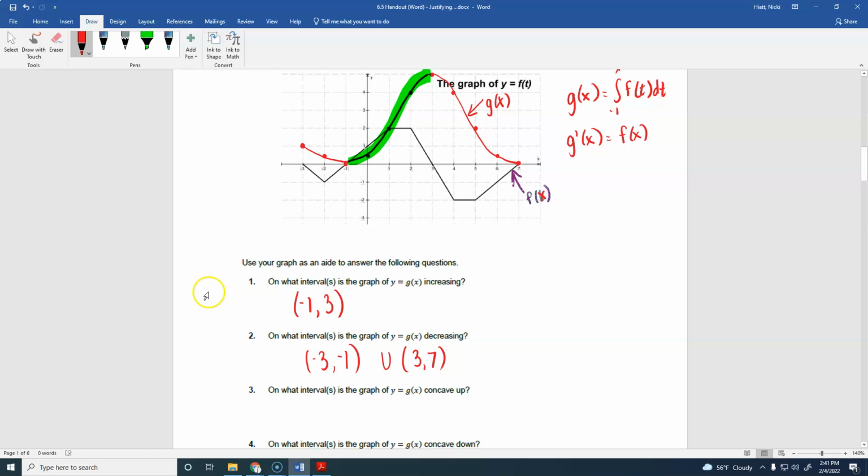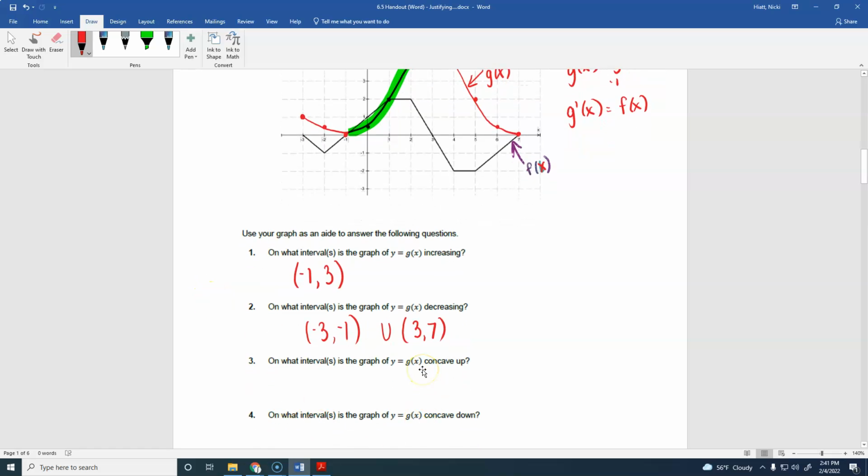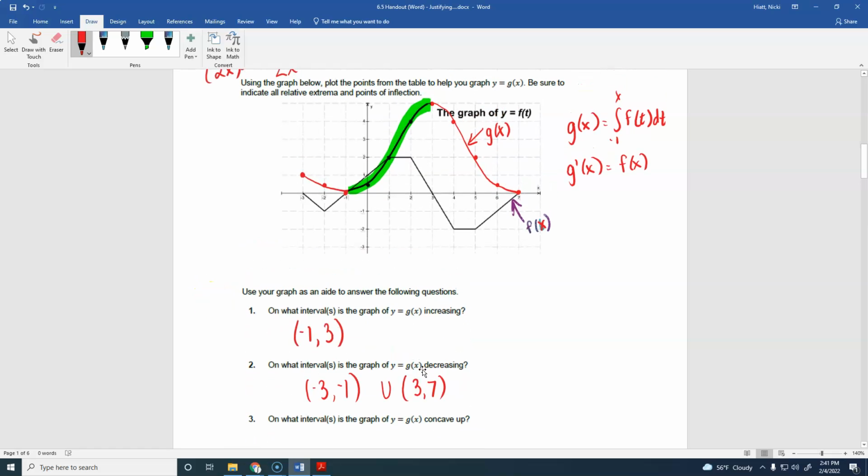All right. When is G going to be concave up? So let's see, G drawing the positive, so when F is increasing. Okay, so it looks like it's concave up from what I have drawn from -3 all the way to 1. But our derivative has to be increasing to be concave up.